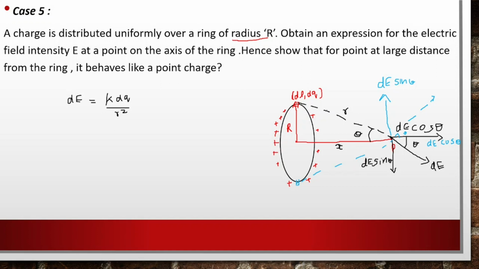This x is constant, the radius of the ring is constant, and the distance from P to this dl element is r, which is constant. So we can say that r, theta and x remain constant.